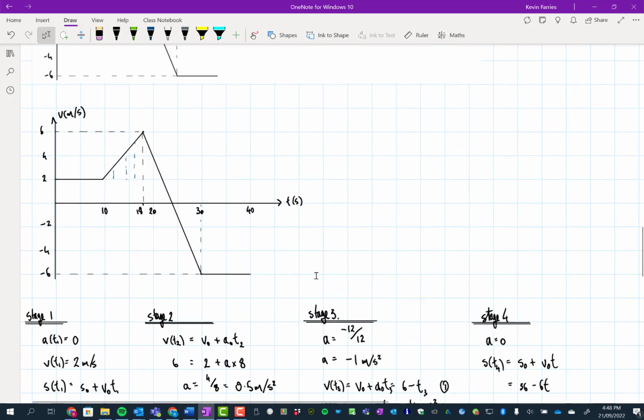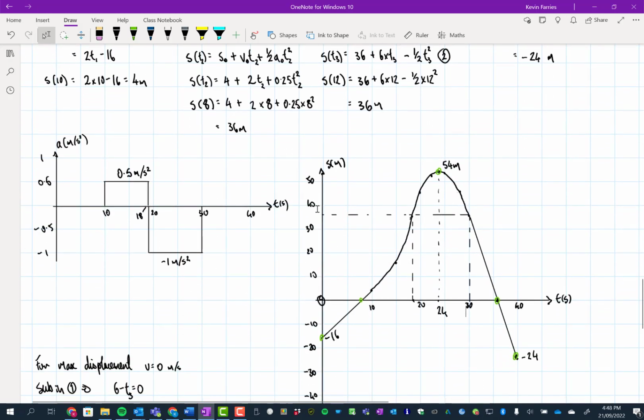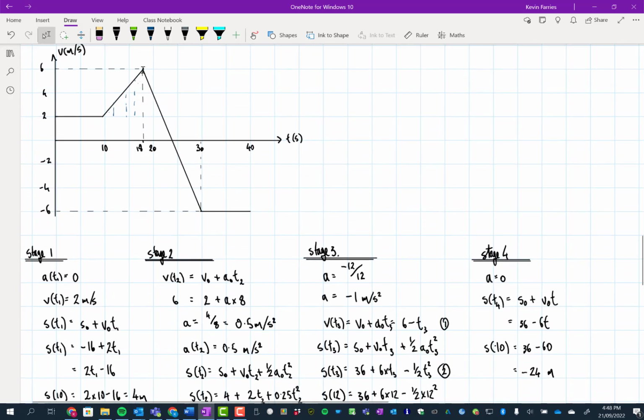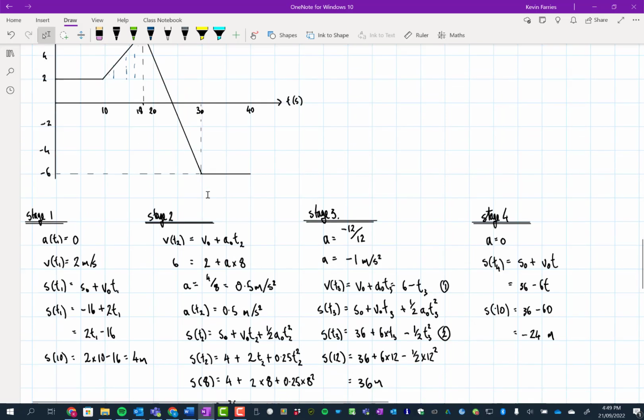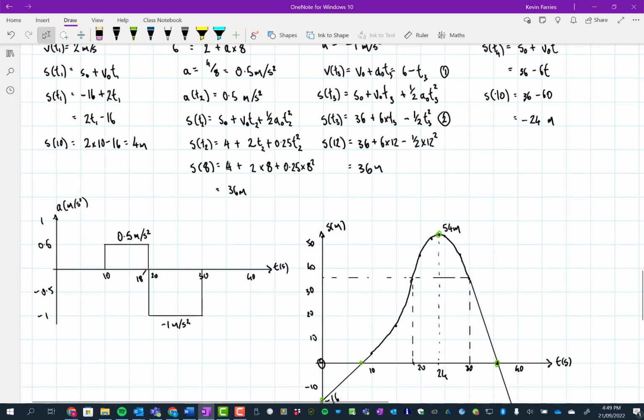And so the points at which it was 36... Hold on. The times at which it was at a displacement of 36 meters was at the end of stage 2, which is at 18 seconds, and at the end of stage 3, which is at 30 seconds.